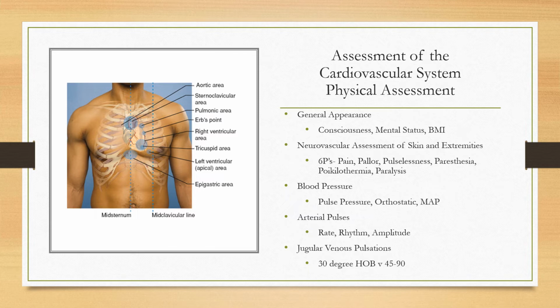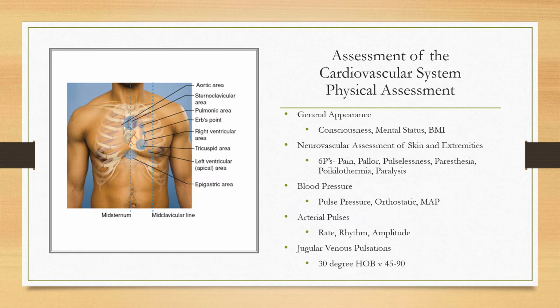Okay, the pulses, the peripheral pulses, we can determine the heart rate, we can determine the rhythm. Is it nice and regular? And we can tell the amplitude of the pulse, meaning is it a really weak, thready pulse, say in hypotension, or if someone's severely dehydrated, or is it a nice bounding pulse that we should normally feel, say at the wrist?